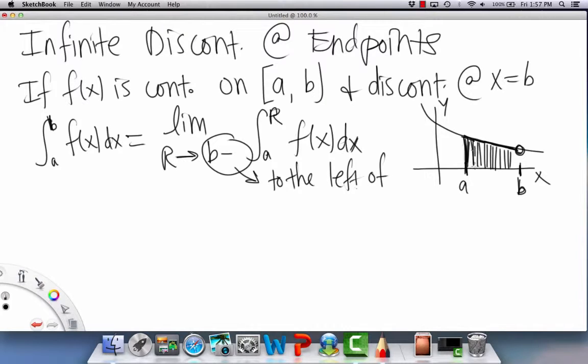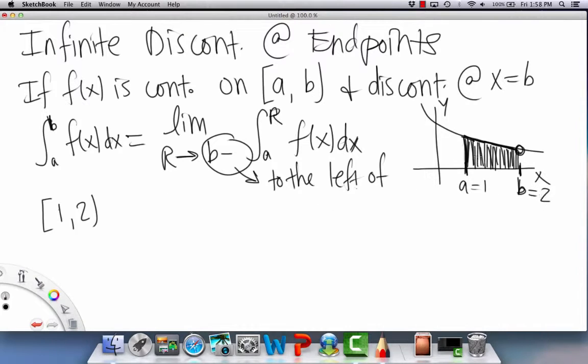Okay, so what that means is we're going to be going along and then we stop right before that open dot. Okay, so think of b, like, let's say we have b equals 3 or something. Well, yeah, okay, let's say we're evaluating from 1 to 2, okay? What this means is that we're actually evaluating from 1, so let's say this is 1, and that's 2.